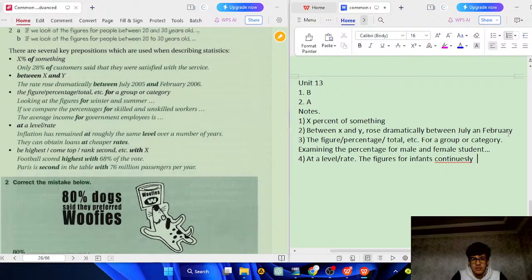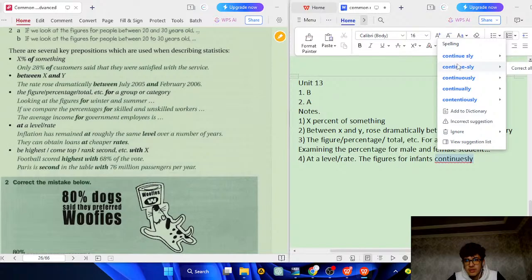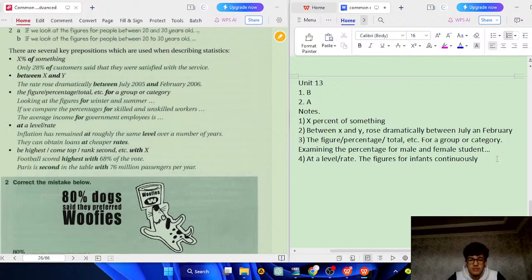Continuously. What is wrong with this? The figures for infants continuously crying while parents are changing their diapers.